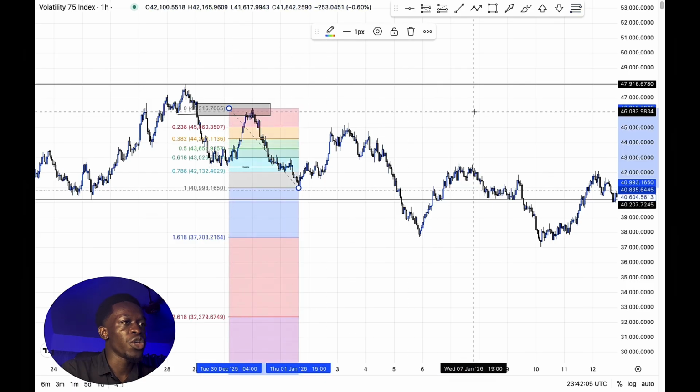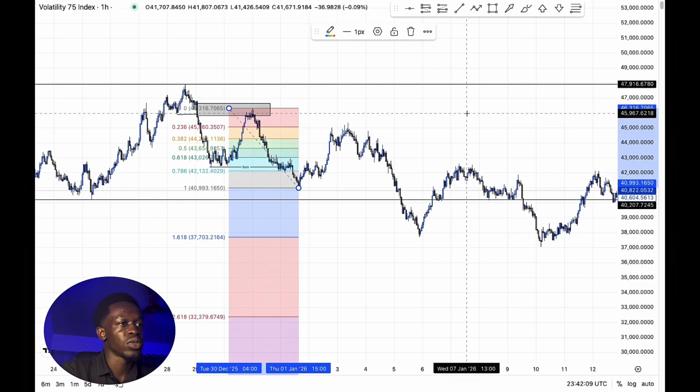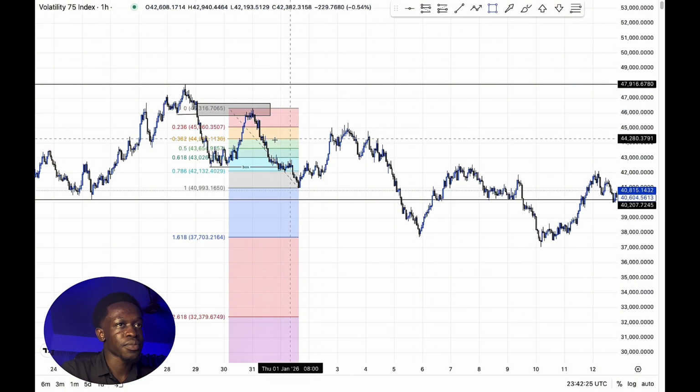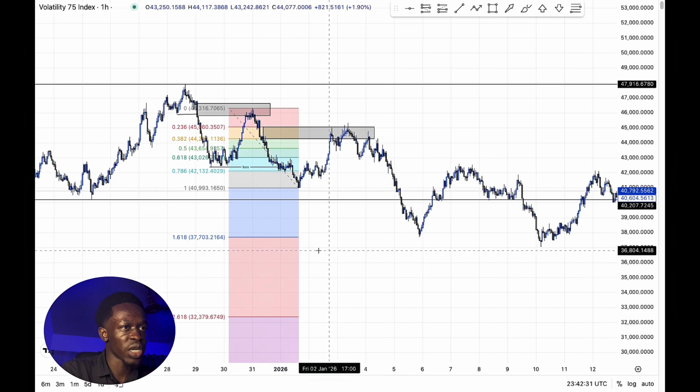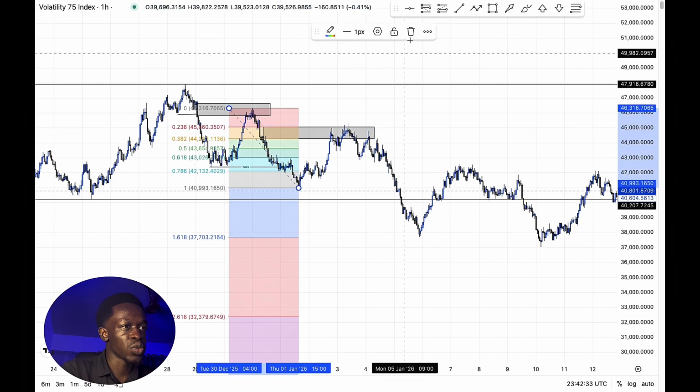Or equally you can still say from the recent high to the recent low when you are taking sales. If you are taking buys, from the recent low to the recent high. So this was another entry level at this zone.